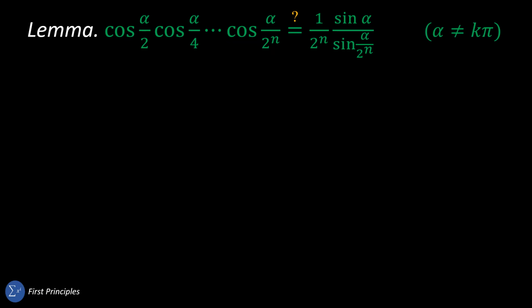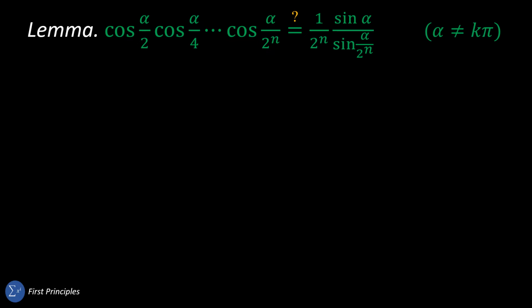Okay, the first step, I would like to prove this identity, which is on the left hand side, cosine of half angles all the way to the power of n, is equal to the right hand side.